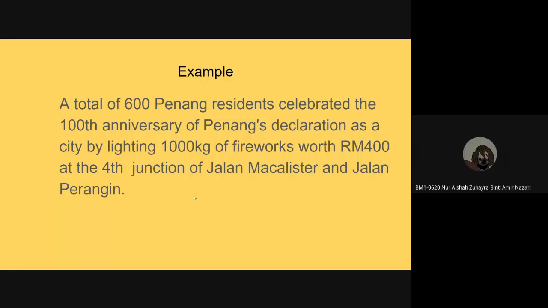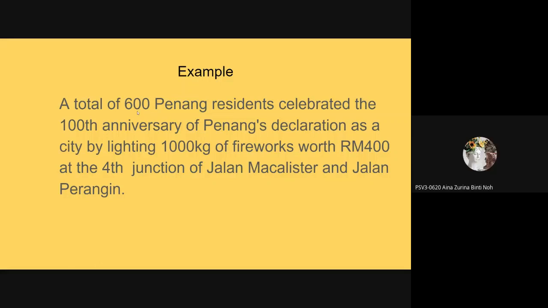5. Yes, 5. First one, what kind of number is this? Cardinal or ordinal? Cardinal. I still hear someone saying ordinal.